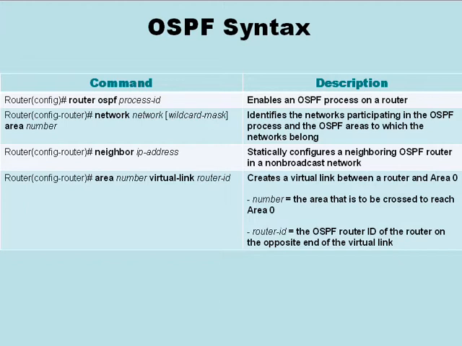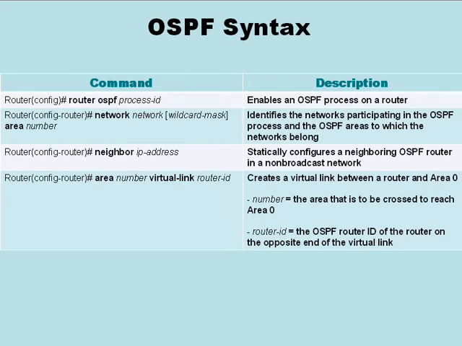In our example, that transit area is going to be area 1, so we will say area 1 virtual-link followed by the router ID of the router at the far side of this virtual link. So on router R2 we will give the router ID of R1, and on router R1 we will give the router ID of R2. That's the theory and the syntax.